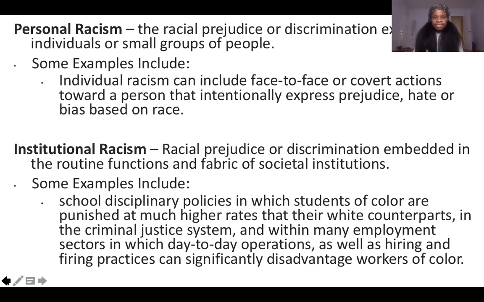So prior to the 1960s, Blacks and people of color were not allowed to acquire an education in the same schools with one another. Okay? There were predominantly white colleges.